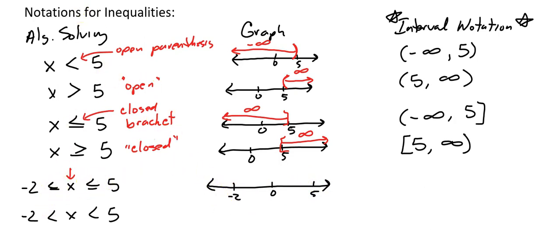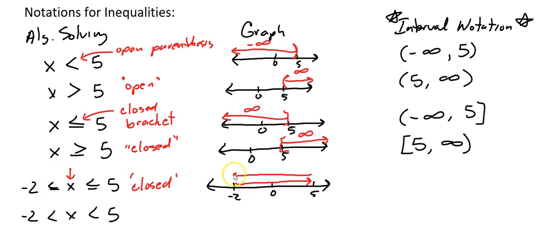Notice I have closed brackets. So I can put a bracket, and it says x is greater than or equal to negative 2. Negative 2 greater than is going to go this direction. But x is less than or equal to 5, so that's going to go this direction.